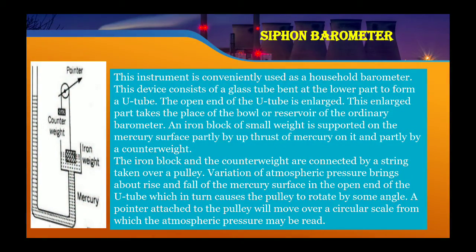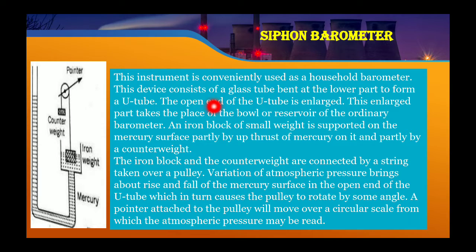Now the next one is the Seafoam barometer. Here you can see the image of a Seafoam barometer. This instrument is conventionally used as a household barometer, mainly for domestic purposes.